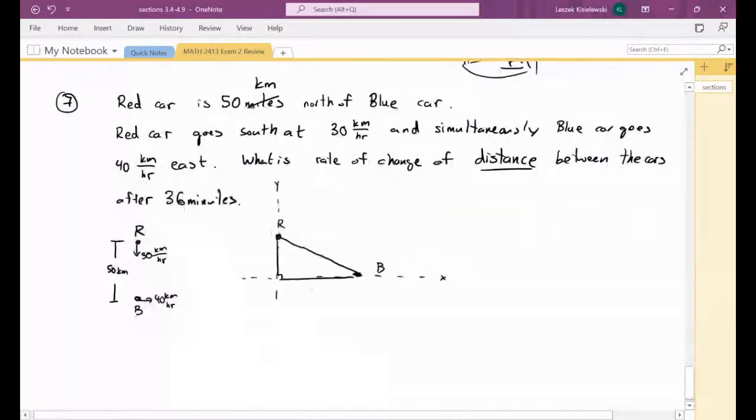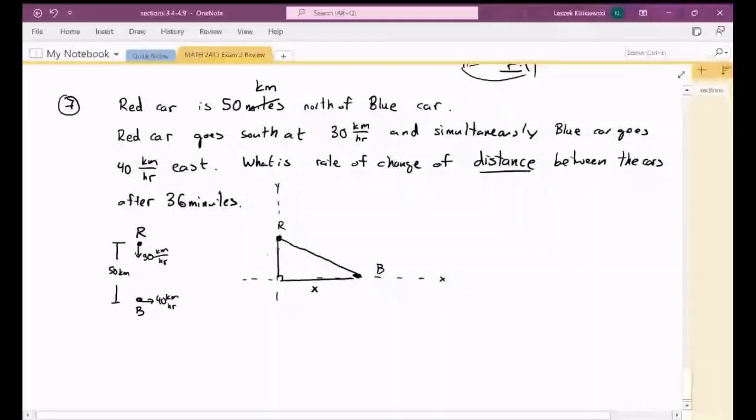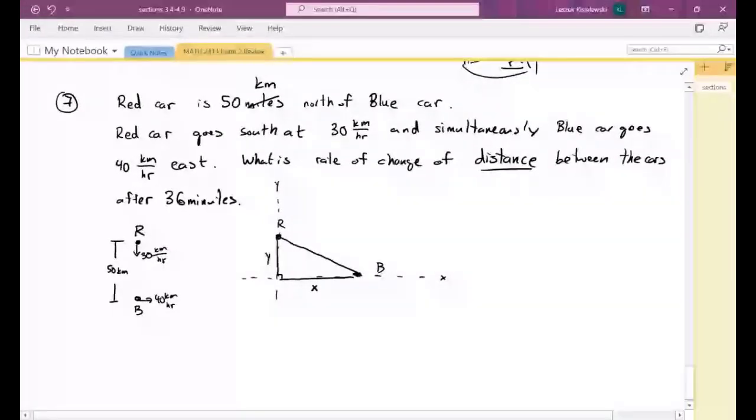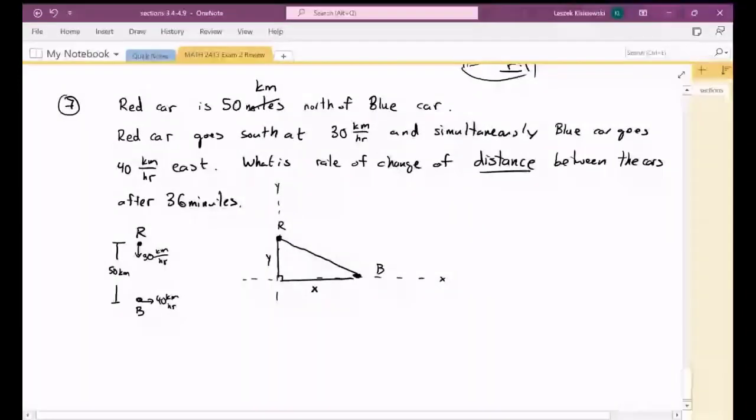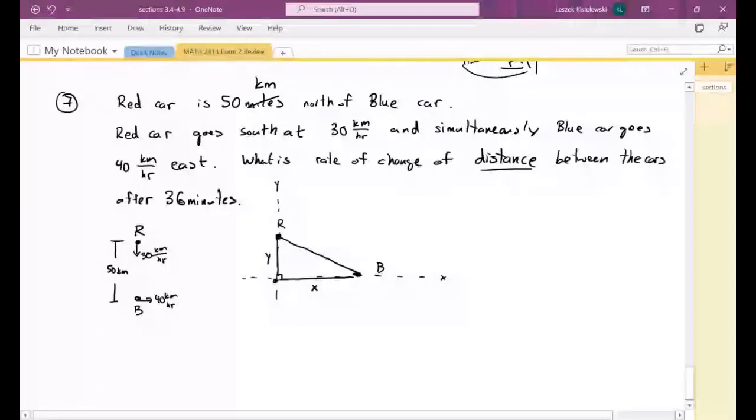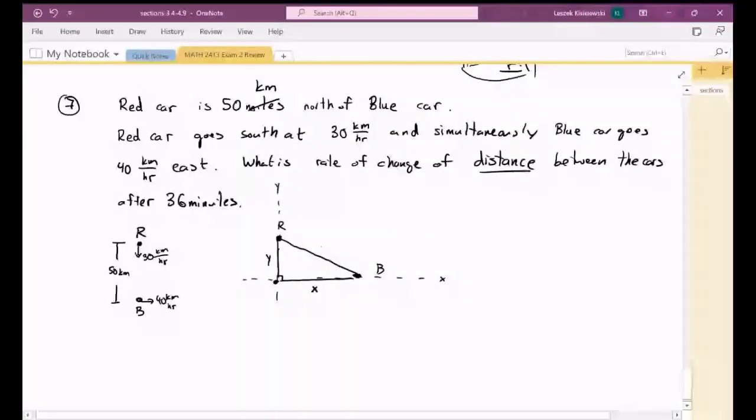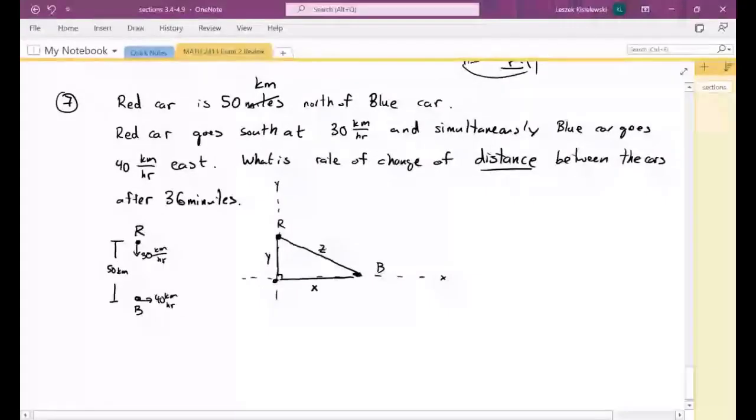All right. So we label certain things that are changing with time. So x and y, so let's say that's the position of the red and the blue car relative to the origin, right here. And we're also interested in the distance between them, so maybe we can label that z. That's just the hypotenuse of that right triangle.